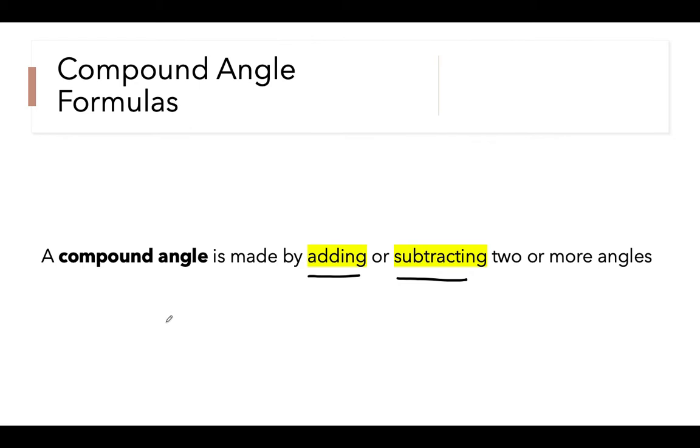For example, 75 degrees is a compound angle because, using a special triangle, we looked at 30, 45 and 60 degrees. 75 could be broken down into 30 degrees plus 45 degrees.